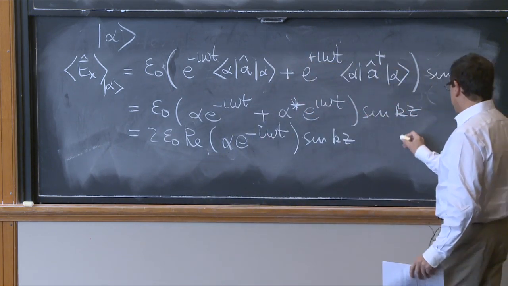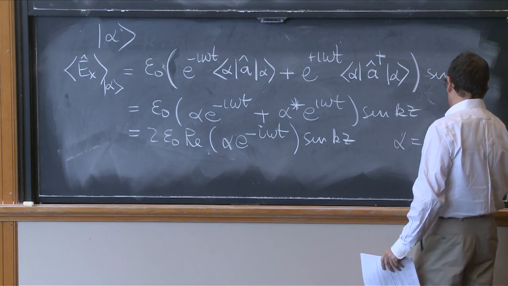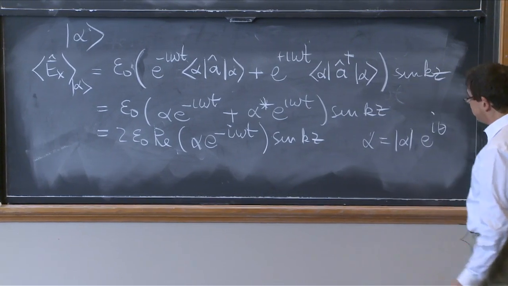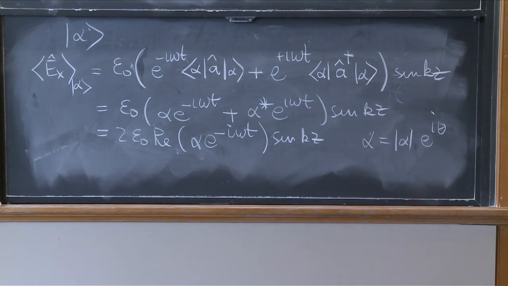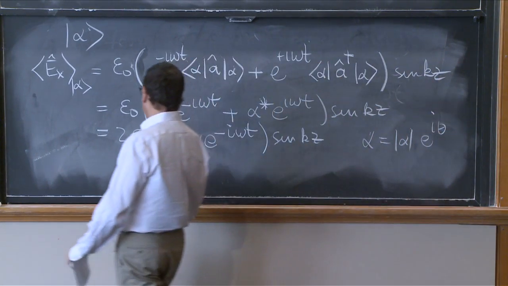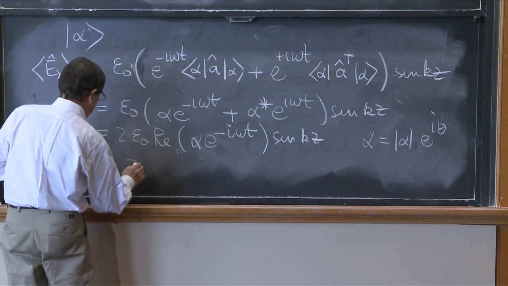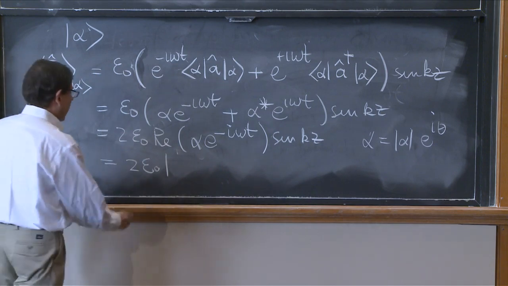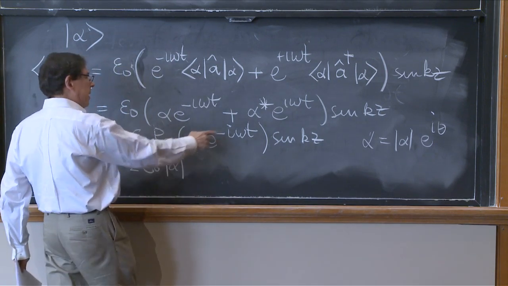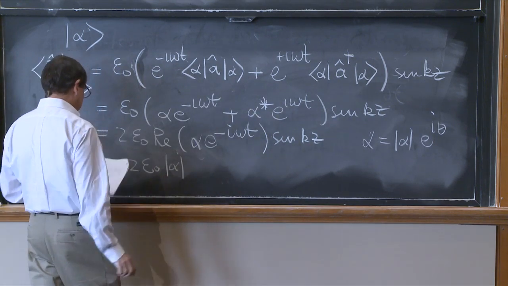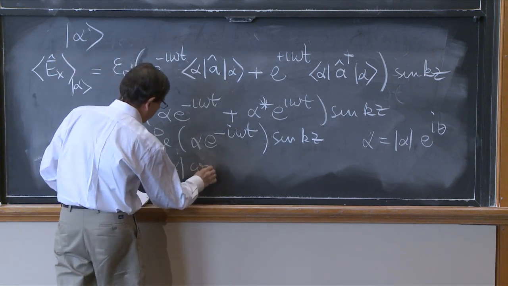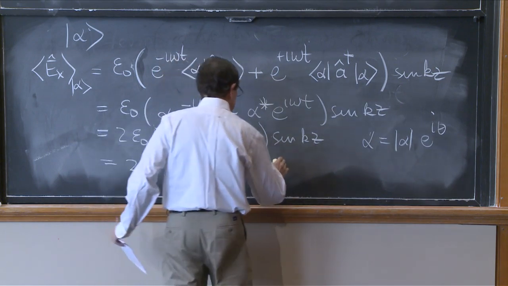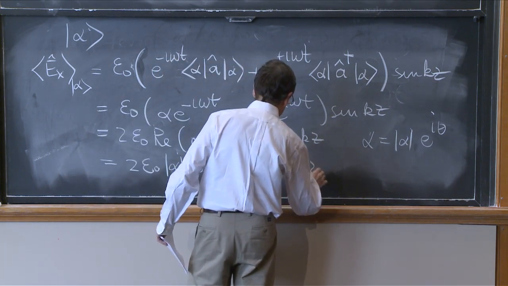And if we write, for example, alpha to be length of alpha e to the i theta, then this would be 2 E naught, length of alpha, and the e to the i theta, e to the minus i omega t, would give you cosine of omega t minus theta, sine of kz.